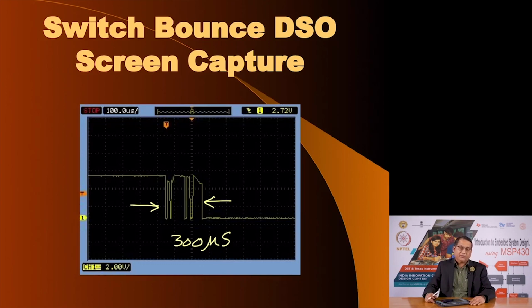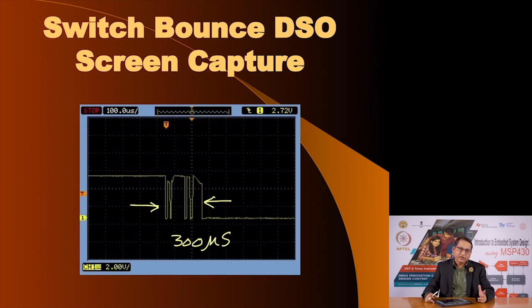And certainly a microcontroller would be able to execute several instructions in these 300 microseconds, and therefore, this is not a good way to connect a switch directly to the microcontroller pin. When you press one switch, it would be treated as if the switch has been pressed multiple times, even if you have pressed it once, and therefore, this bounce has to be removed.